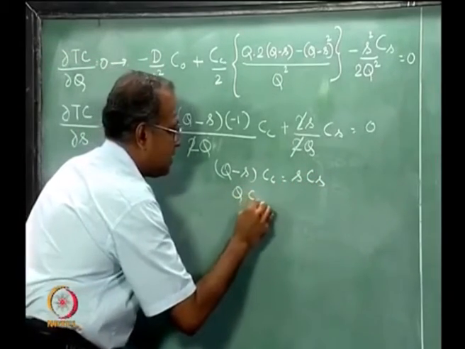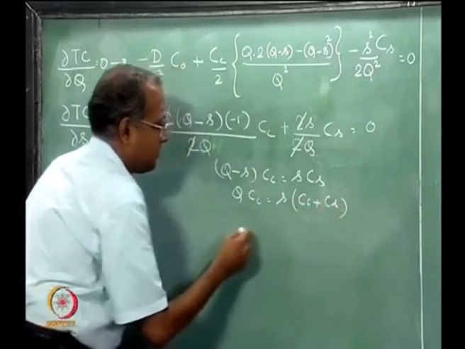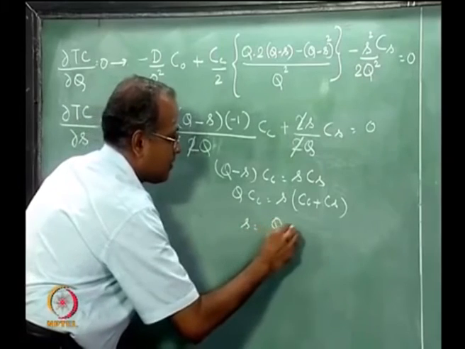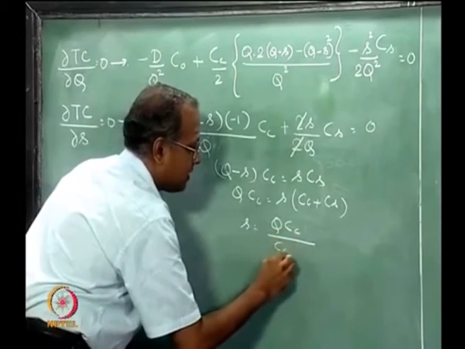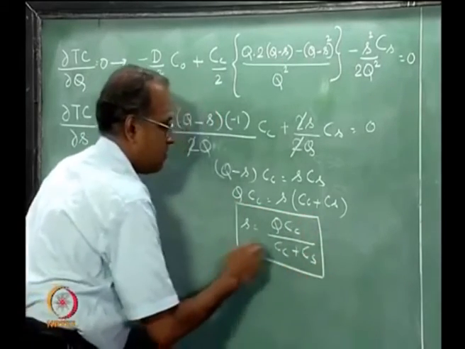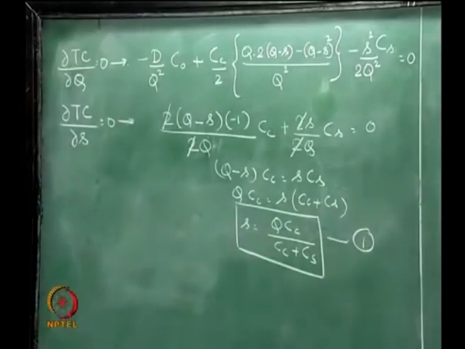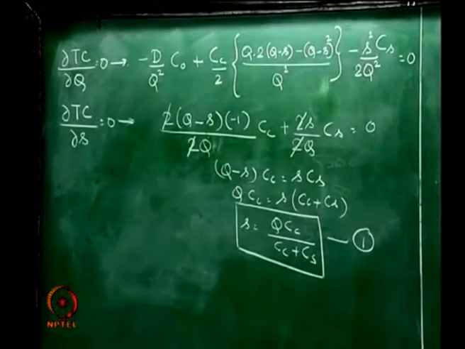So, QCc is equal to S into Cc plus Cs, from which S is equal to QCc by Cc plus Cs. So, this is the first thing that we derive.